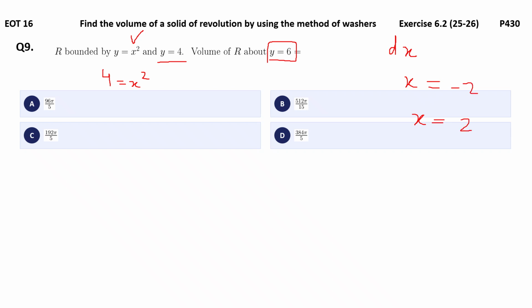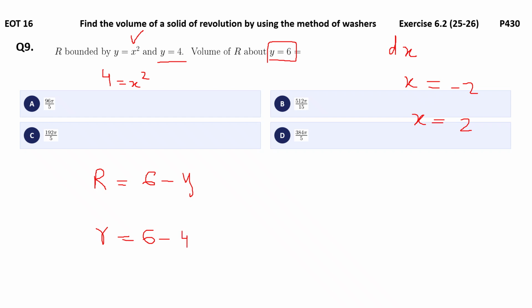Now comes your outer radius and the inner radius. Be careful. It is y equal to a positive number. So your outer radius will be 6 minus y, and your inner radius will be 6 minus 4.